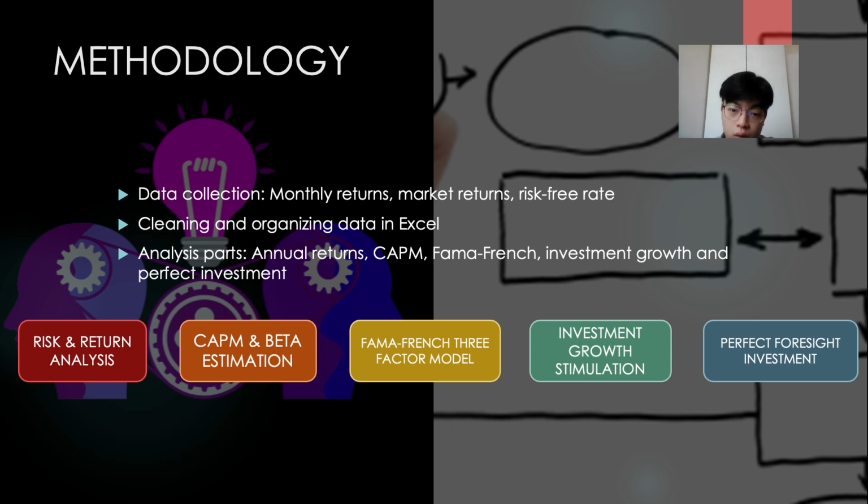And last but not least, part E, the perfect foresight investment. We aim to simulate the theoretical maximum growth of a $1 investment under the assumption of perfect foresight. For each month, we identify the stock with the highest return among the 12 selected companies and reallocate our investment to that stock.